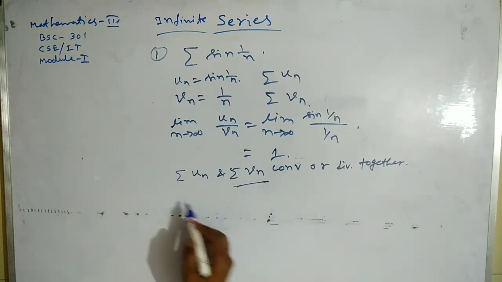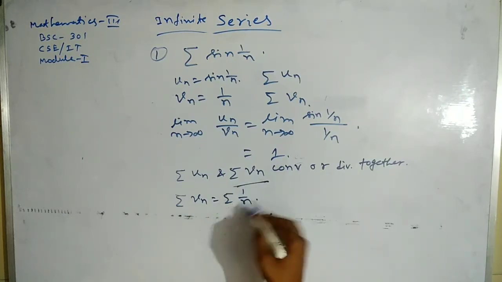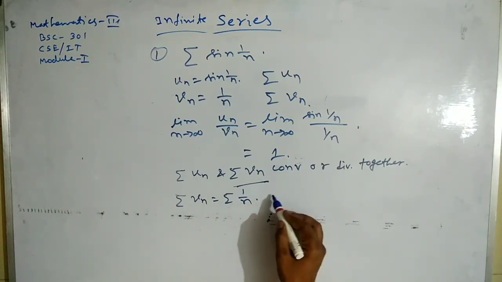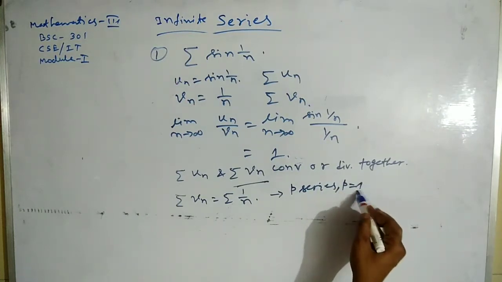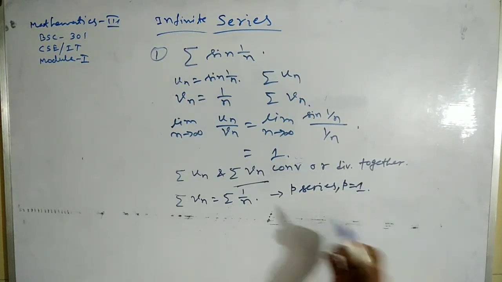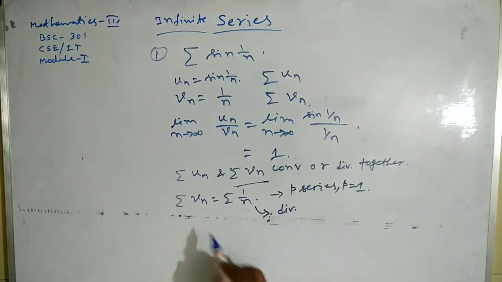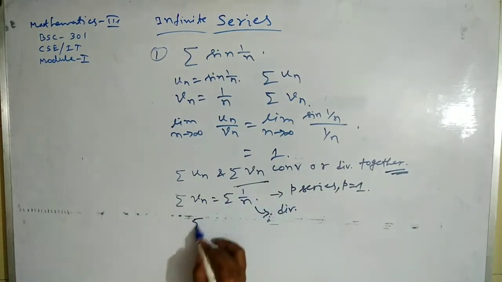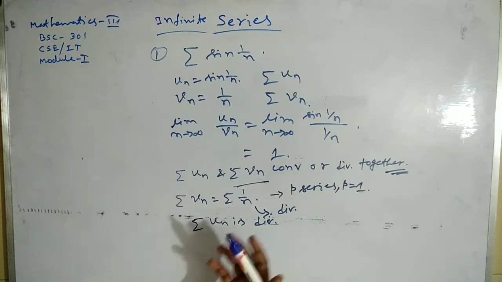Summation of vn, that is summation of 1 by n, is a p series, which I just discussed, where p equals 1, and if p equals 1, we know that a p series is divergent. Since summation of vn is divergent, we can say that summation of un is also divergent. So this was the example of the comparison test.